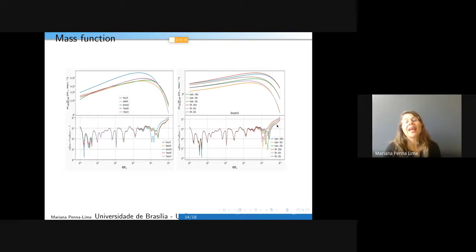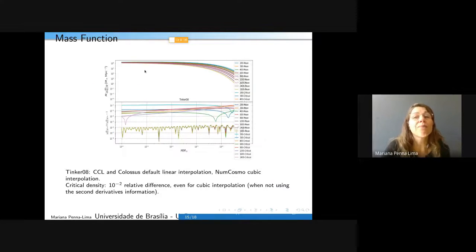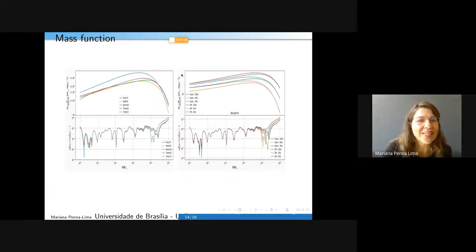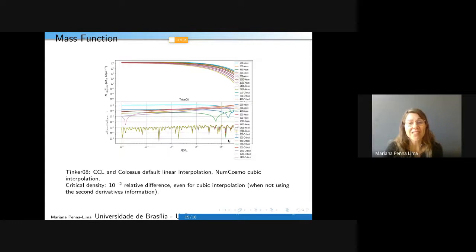And here I show in more detail something I want to call your attention to. You can see that here we put Tinker 2010 and Tinker 2008, but these comparisons were made considering delta equal to 200, and we were also considering the mass definition given by the mean density.